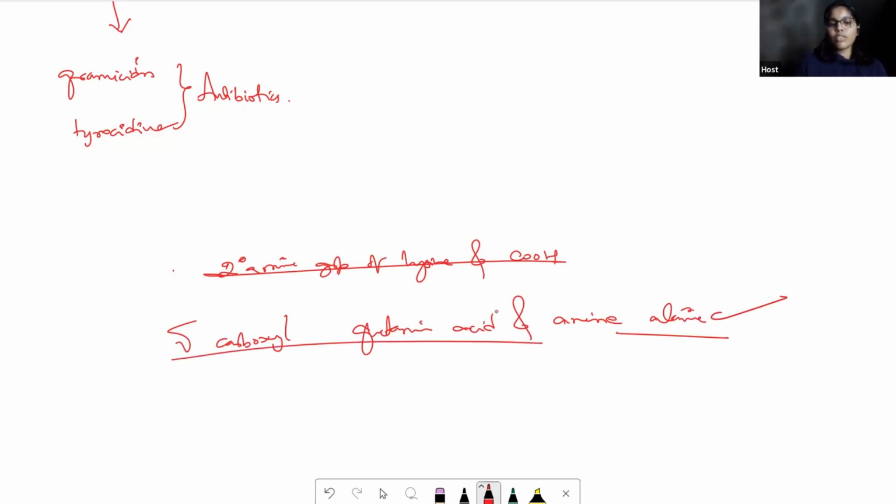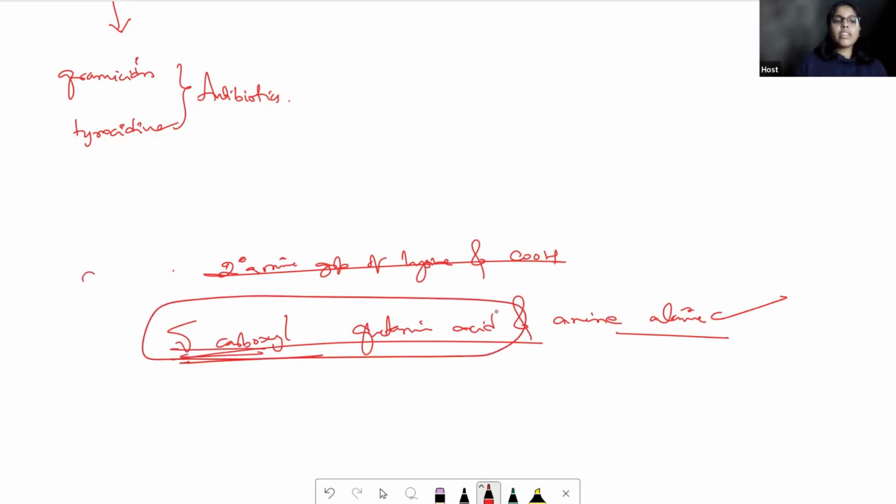The gamma carboxyl group of the glutamic acid is not the alpha carboxyl group, which usually participates in the reaction.